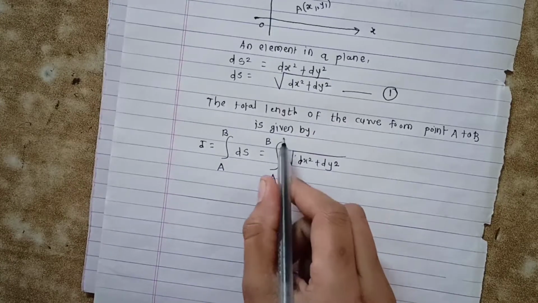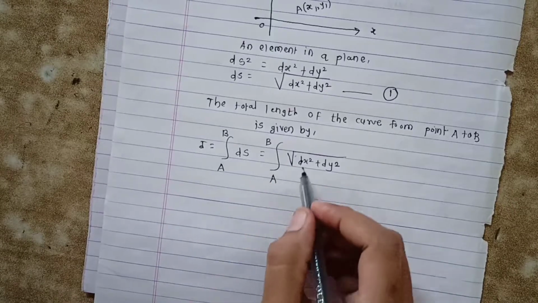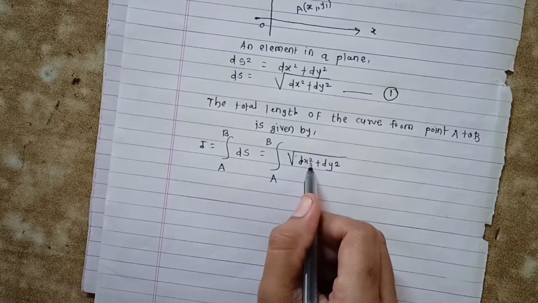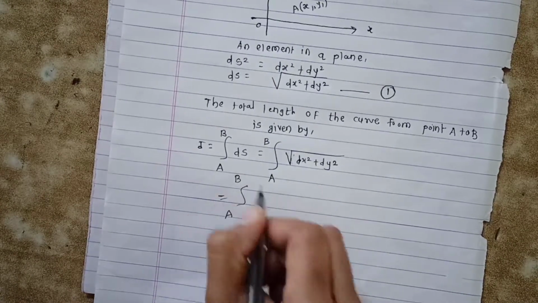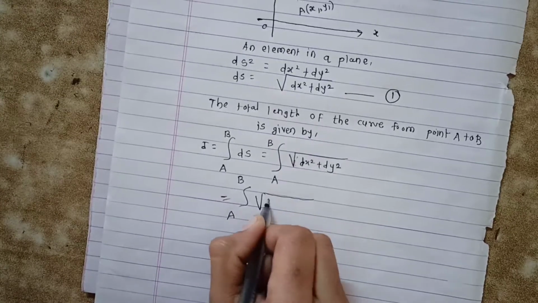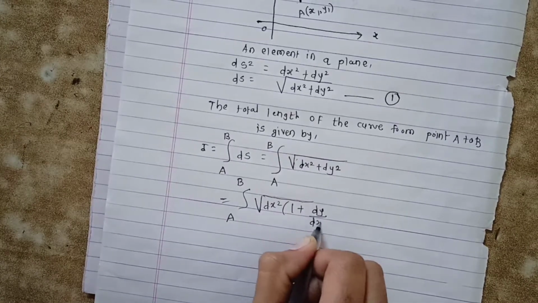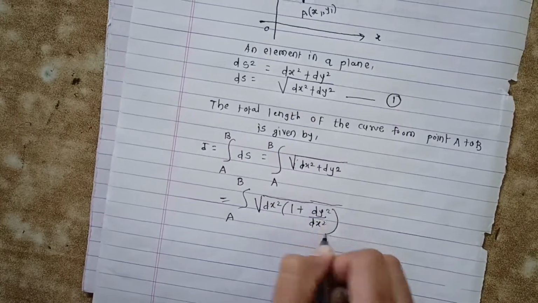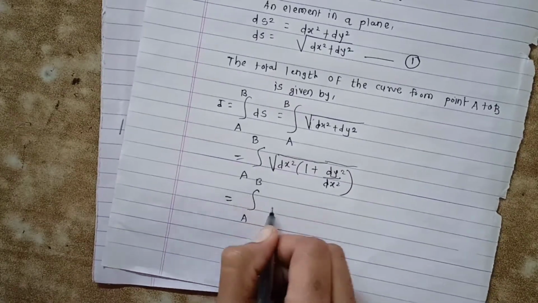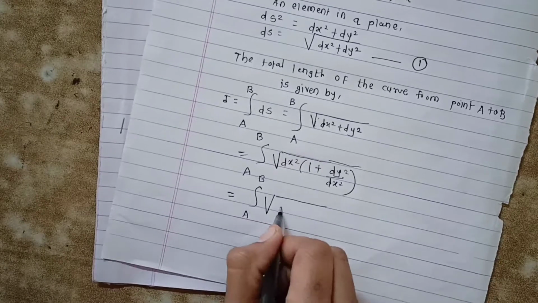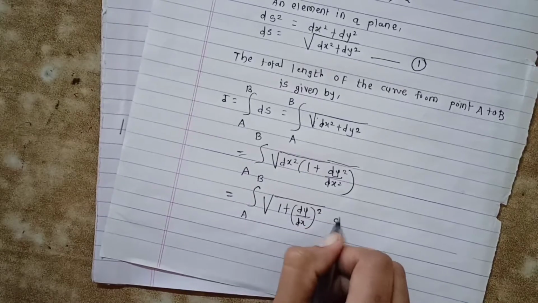Since this integration is with respect to dx, we take dx square common from this term. Then we get integration from A to B of square root of dx square into 1 plus dy by dx whole square, which gives integration from A to B of square root of 1 plus dy by dx whole square into dx.